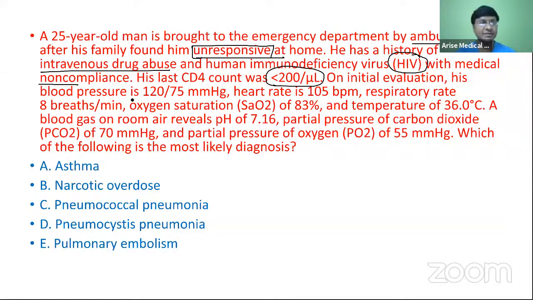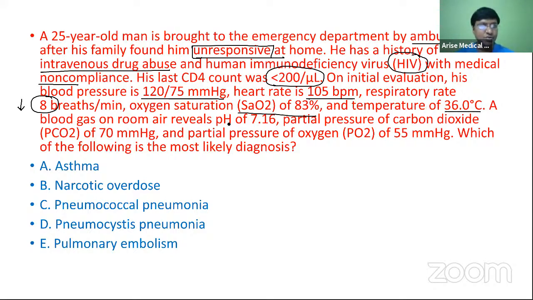On initial evaluation, his blood pressure is 120 by 75 millimeters of mercury, and the heart rate is 105 beats per minute. Respiratory rate is very, very less, that is 8 breaths per minute. Oxygen saturation is 83%, temperature is 36 degrees centigrade.